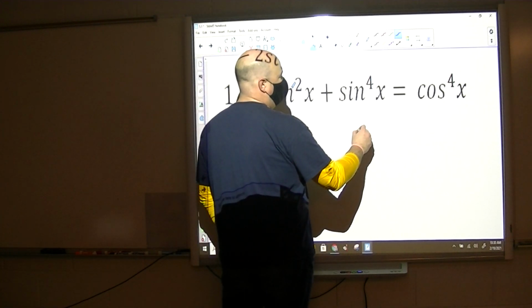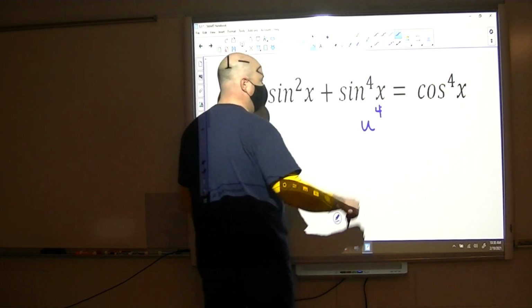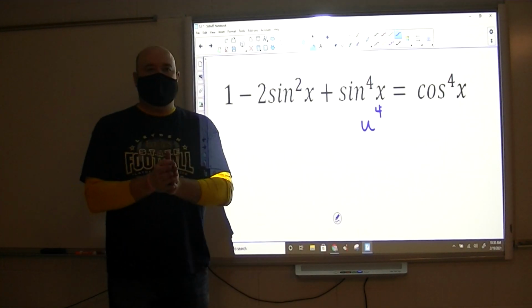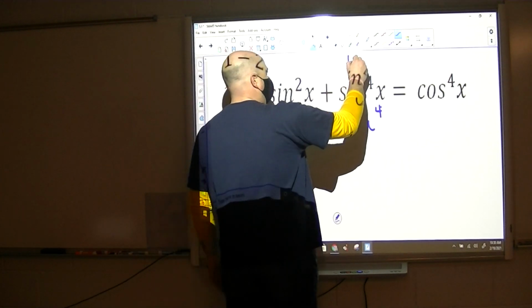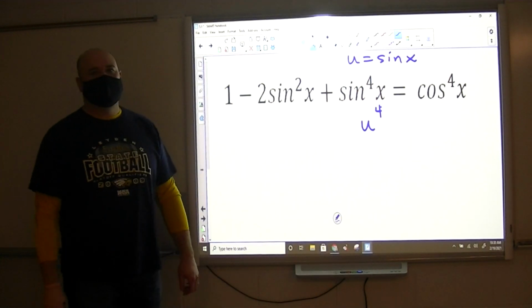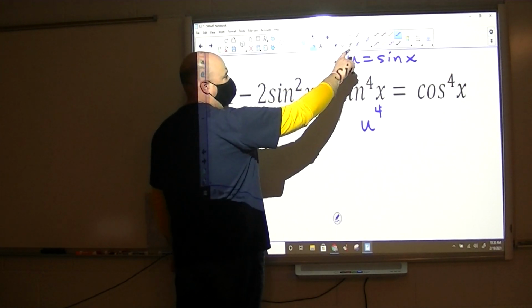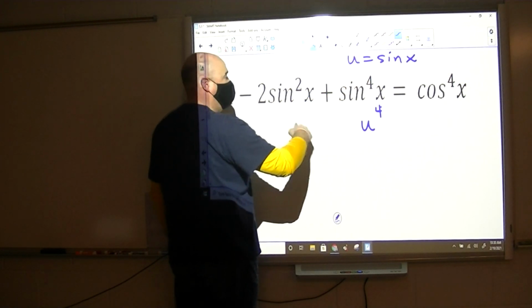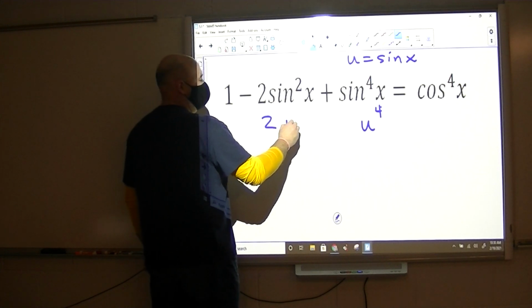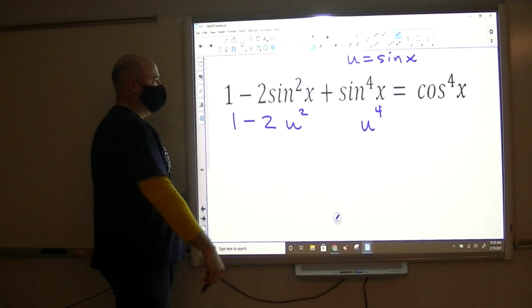That would almost be like u to the fourth power. What if I called sine x u? Stay with me for a second. If sine of x is u, and I have four of them here, I have two of them here, then this is 2u squared, like so.